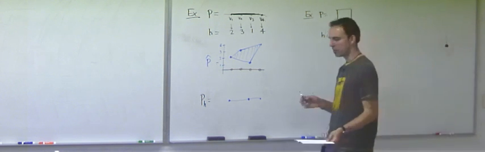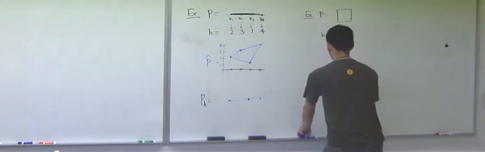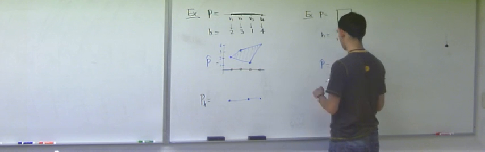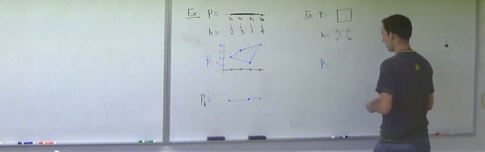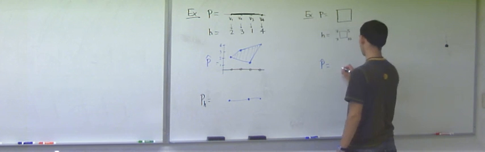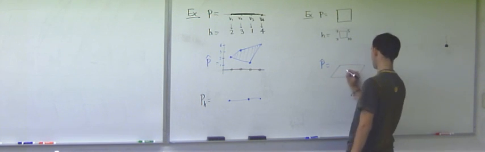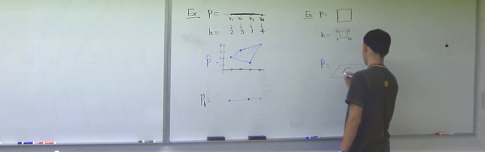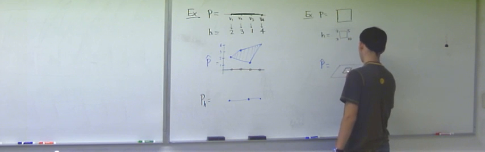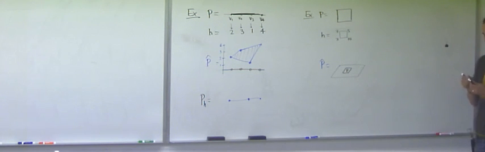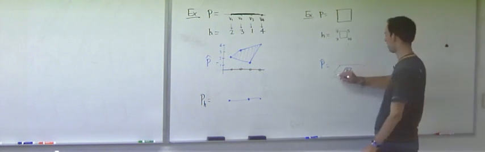So what are we doing here? We're going to build a polytope p hat. And the way we do it is the following. So p lives on the plane, right? So here's the plane. And then maybe here is our polytope p. But now this thing lives in 3 dimensions.